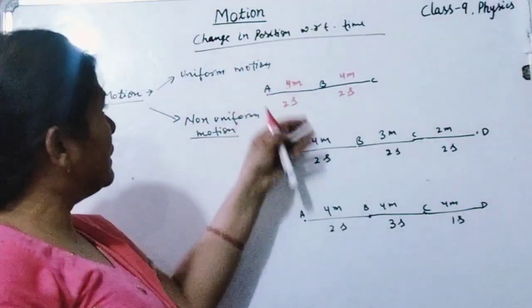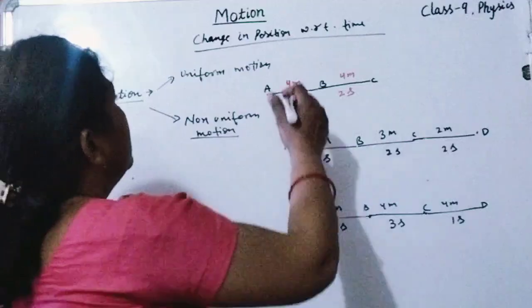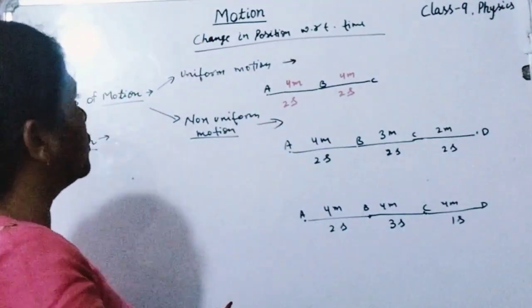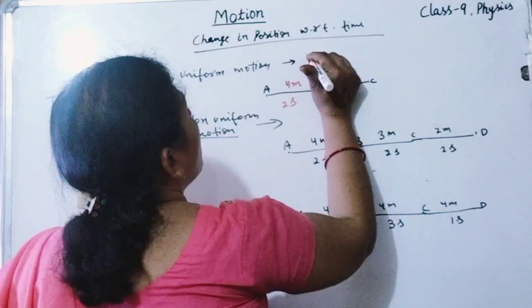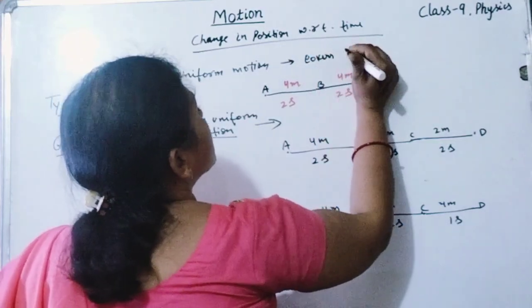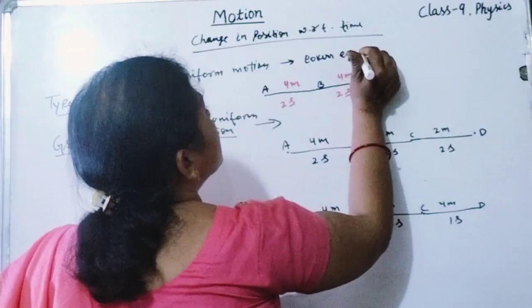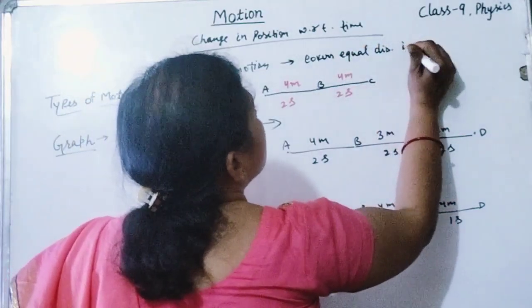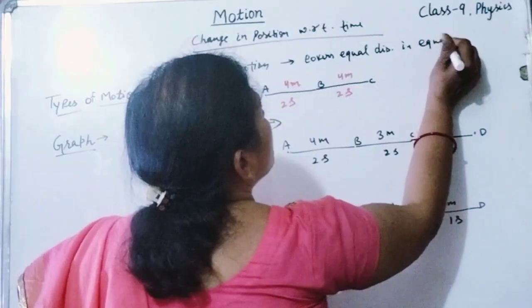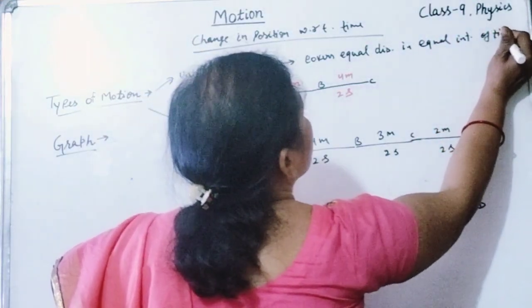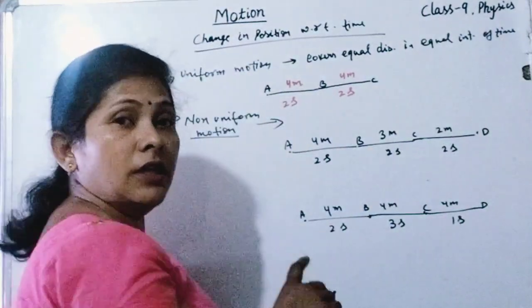According to this, we can write the definition here. Uniform motion and non-uniform motion. In uniform motion, the object covers equal distance in equal interval of time.